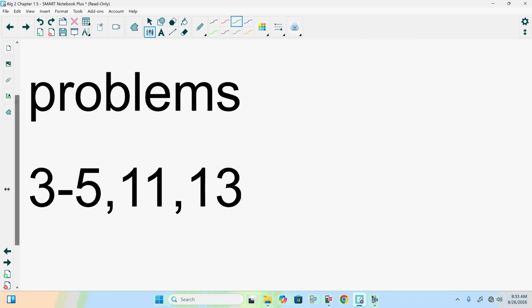So 5 problems. It looks like more than 5, but it's just 5. 3, 4, 5, 11, 13. One of the 5 is going to be infinitely many solutions. One of them is going to be no solution. And the other 3 are going to have 1 point.